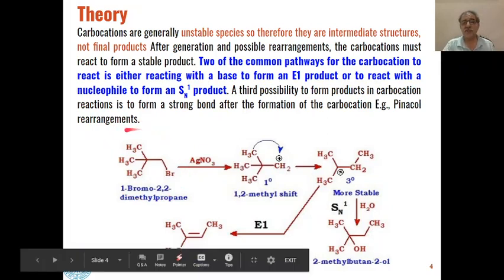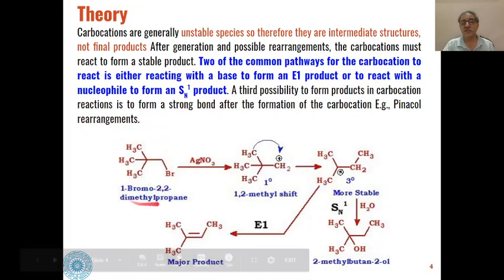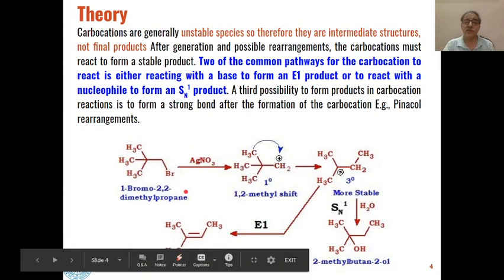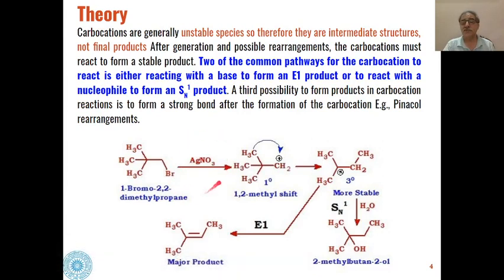For example, if we have this substrate 1-bromo-2,2-dimethylpropane, it reacts with silver nitrate, and this type of primary carbocation is formed.